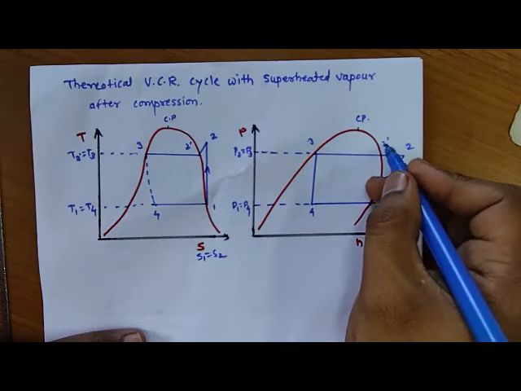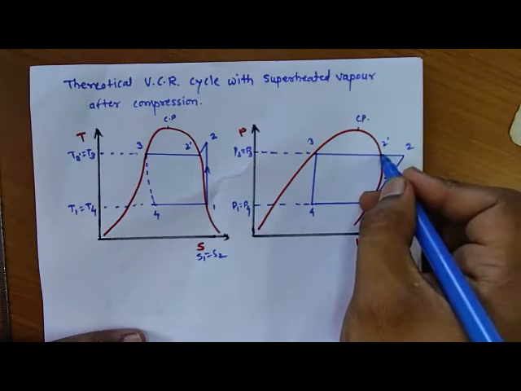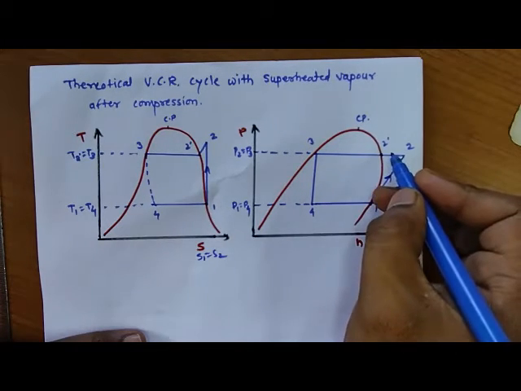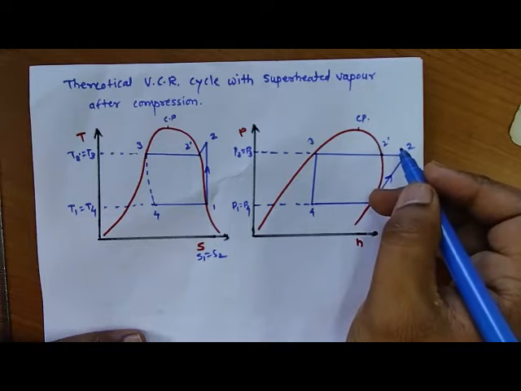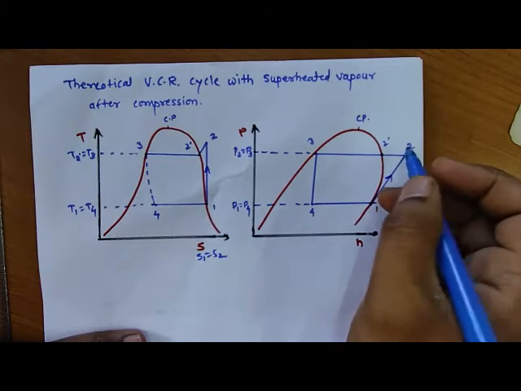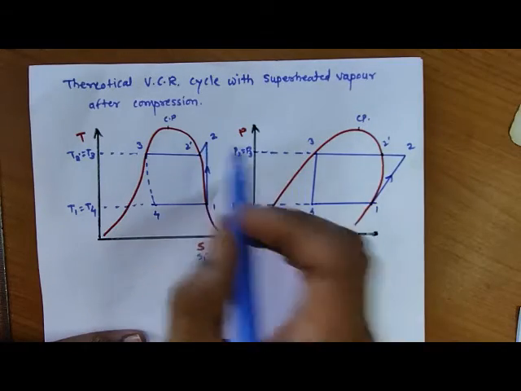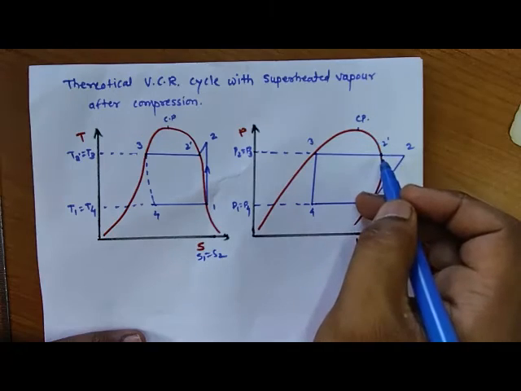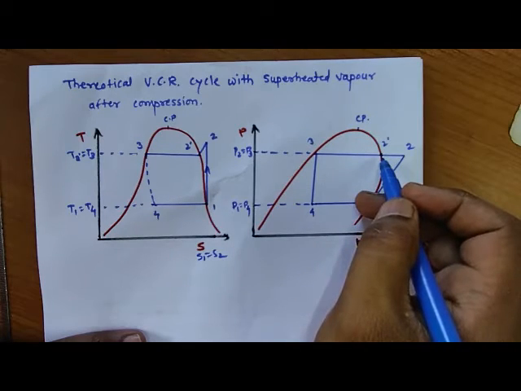What about point number 2 dash? The temperature of the refrigerant is reduced to some extent, and we get the temperature on the saturated gas or vapor line.